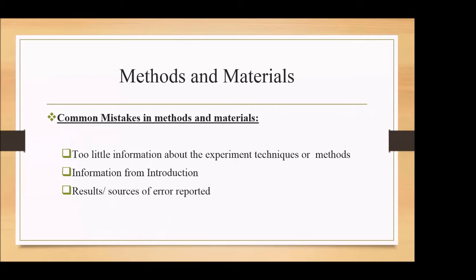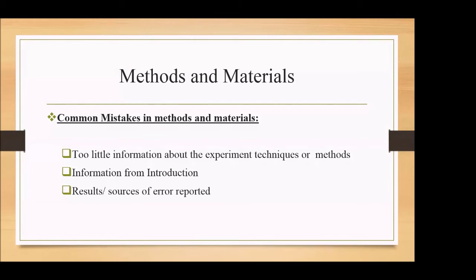So what are the common mistakes when you write methods and materials? Specific machines that you used, specific equipment, computer programs: be very specific about this. The common mistake is too little information about the experiment techniques or methods.